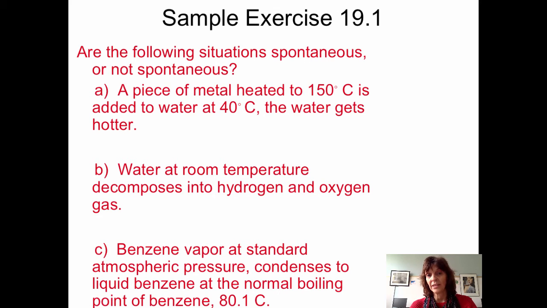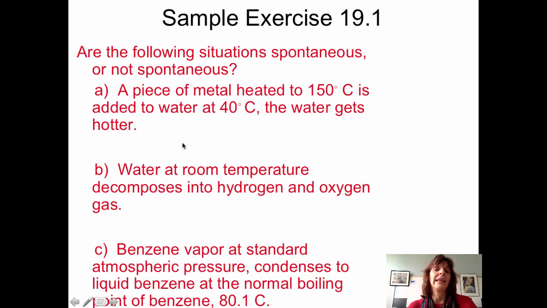Spontaneous or non-spontaneous? Finally, benzene vapor is at standard atmospheric pressure and it condenses to liquid benzene at its normal boiling point of 80.1 degrees Celsius. Spontaneous or not spontaneous?